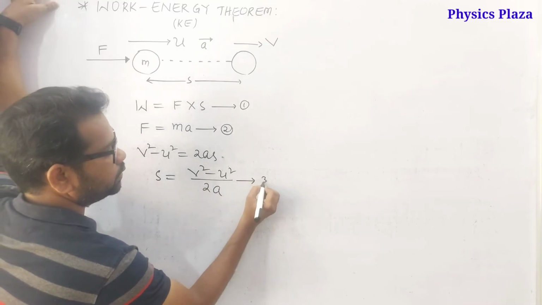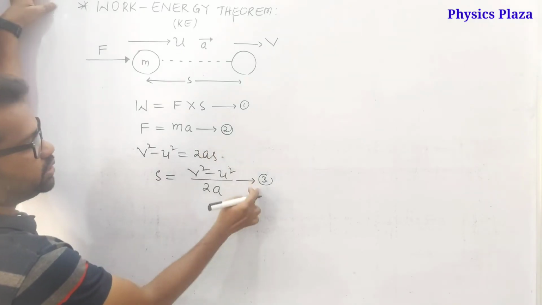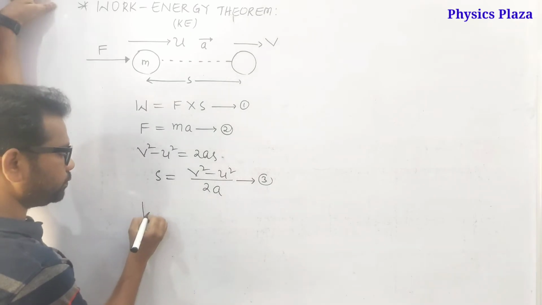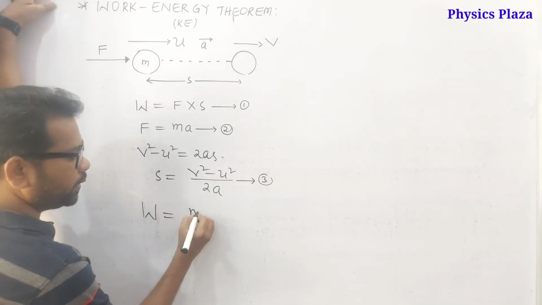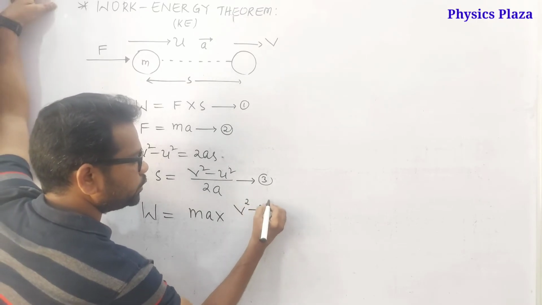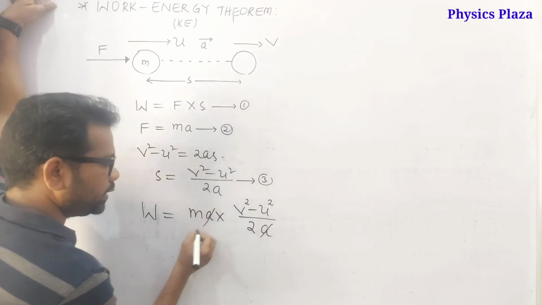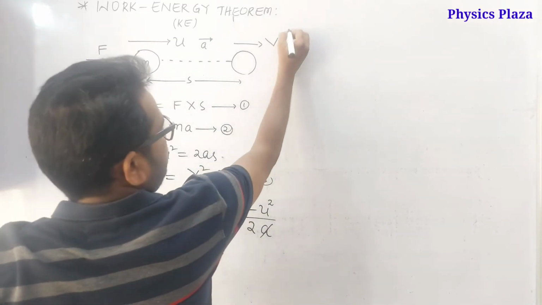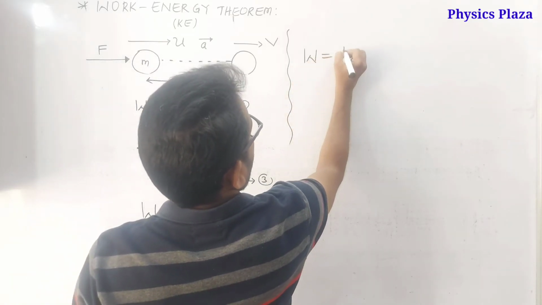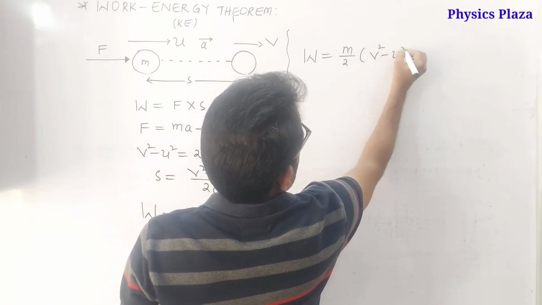Let it be the third equation. So we substitute equation 2 and equation 3 in the first equation. Then W is equal to ma into (v square minus u square) by 2a. The a cancels. So work is equal to m by 2 into (v square minus u square).